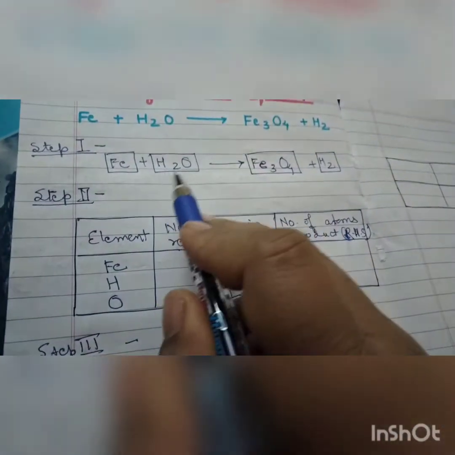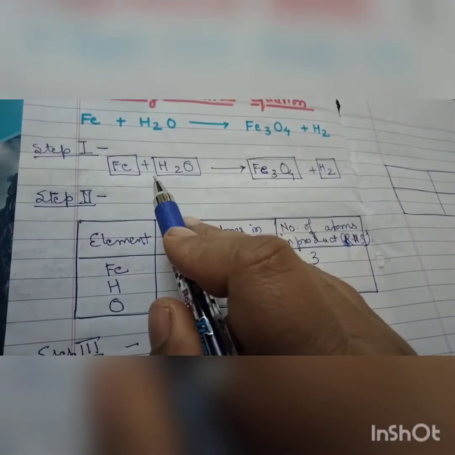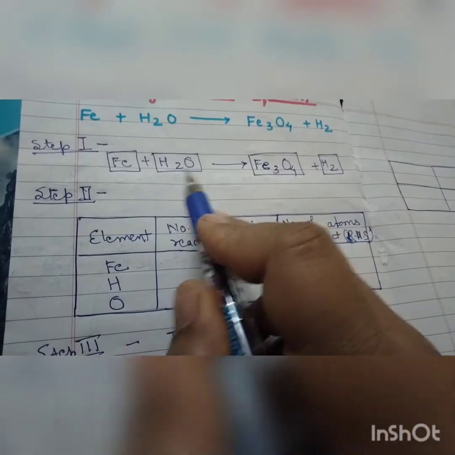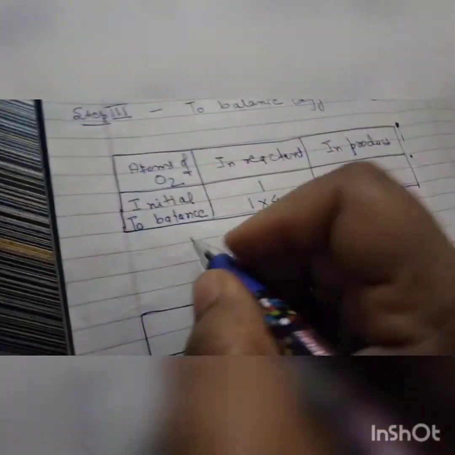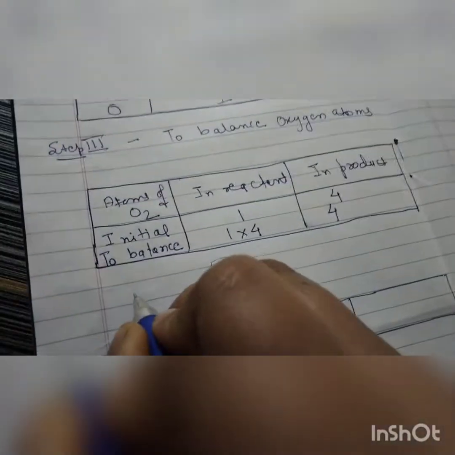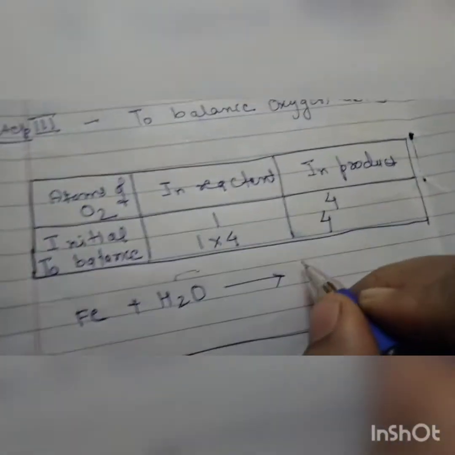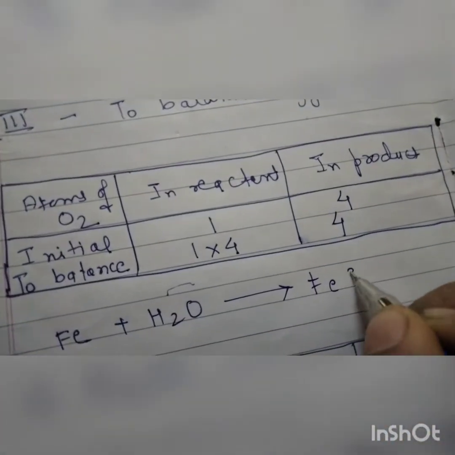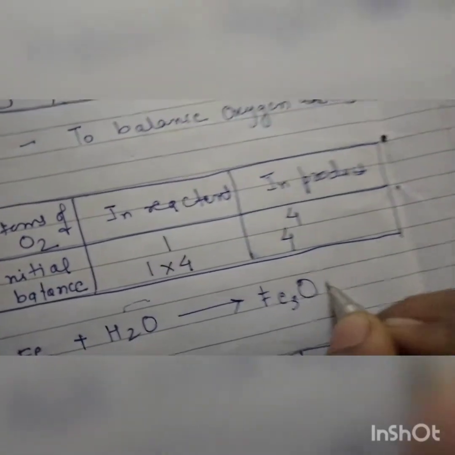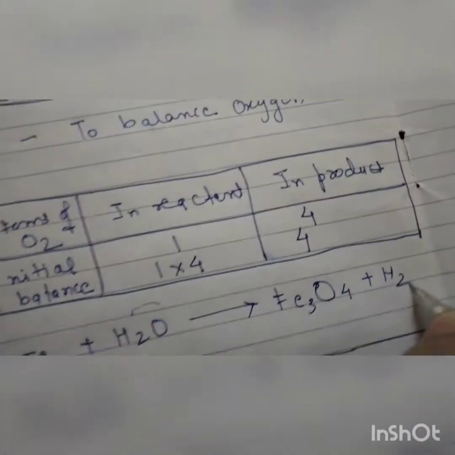So what we will do, students, in reactant side we will multiply this formula by 4. Then only oxygen will be 4. So write like this. Again write your equation, that is Fe plus H2O gives Fe3O4 plus H2.